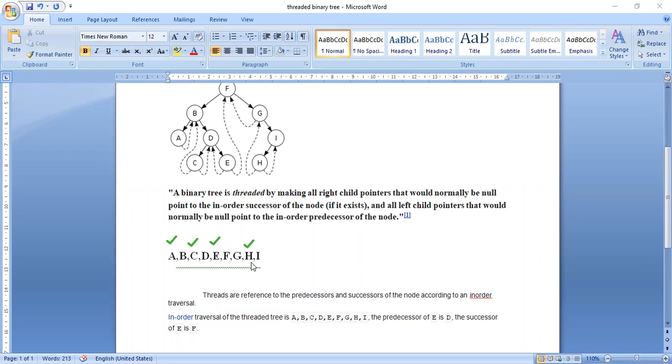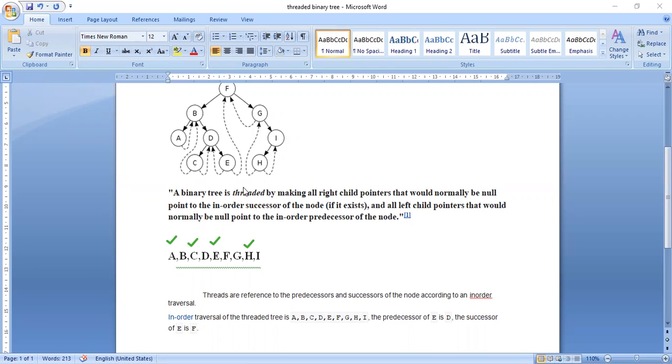In the same way, take the leaf node H. In the in-order traversal, G is the predecessor and I is the successor. So for the predecessor a dotted line is there, and for the successor also a dotted line is there. Among A, B, C, D, E, F, the tick marks are the leaf nodes.